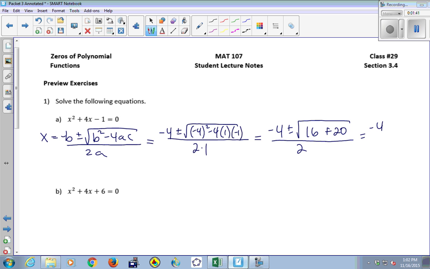So this is negative 4 plus or minus the square root of 36 over 2. Negative 4 plus or minus 6 over 2. And then you just do the plus and the minus. So you do negative 4 plus 6, which is 2. 2 over 2 is 1. And then you do the minus. Negative 4 minus 6 is negative 10. Over 2 is negative 5.